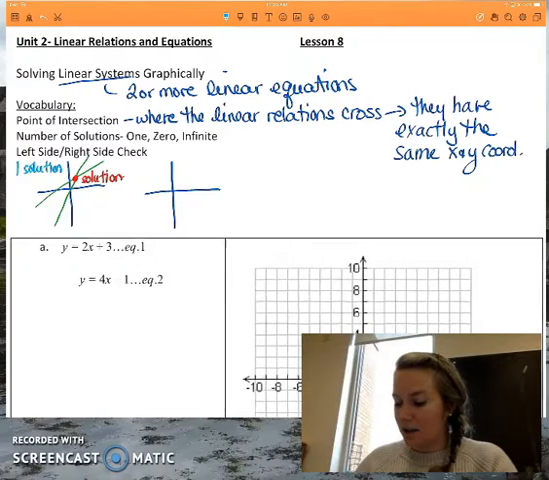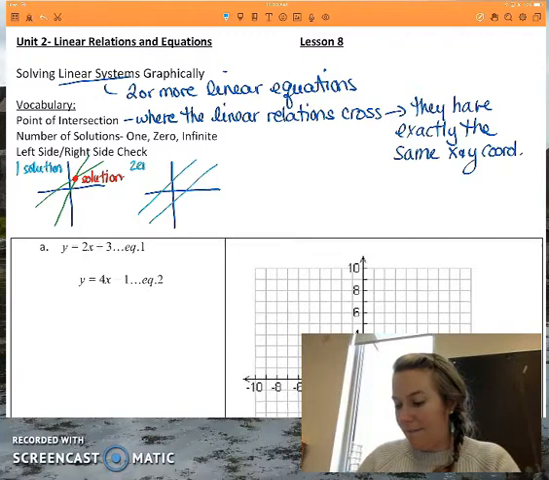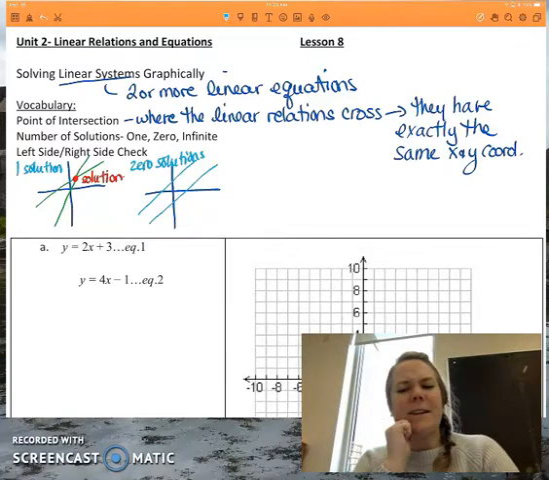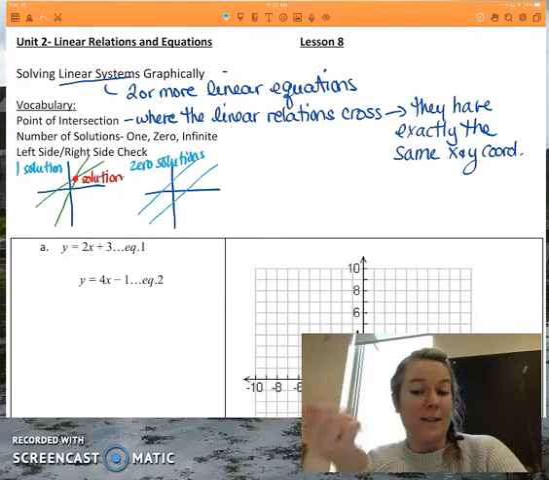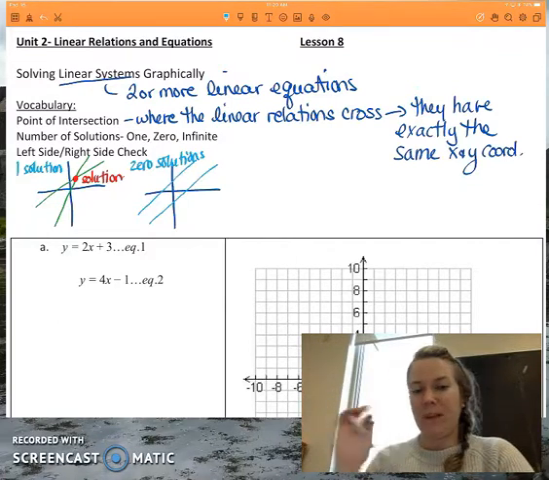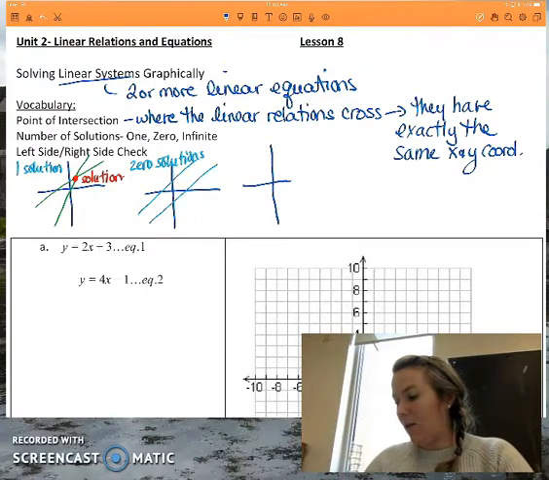And 0 solutions could be like that. You might recognize that they are parallel, but they're not going to cross. Ever. They never meet.